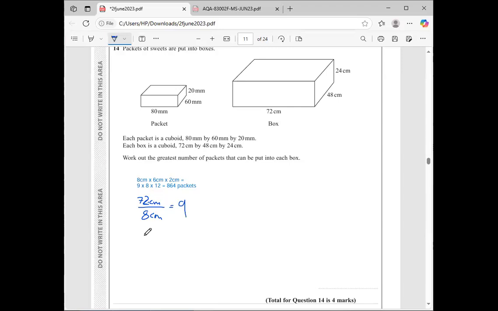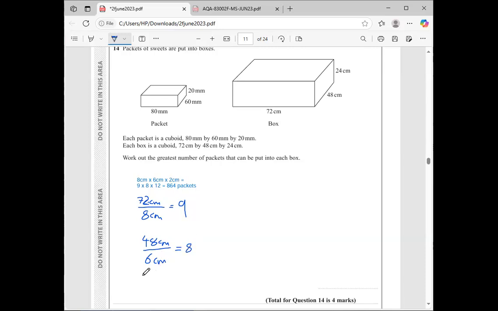Then how did I get 6? 48 cm over 6 cm equals 6 times 8, 48.